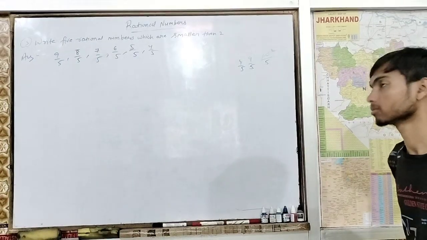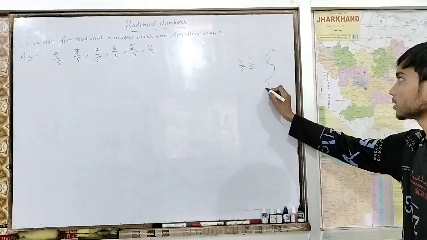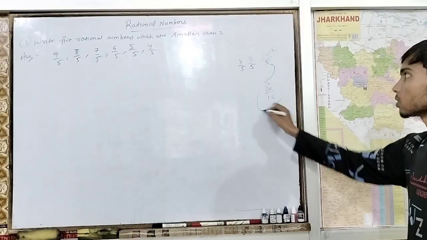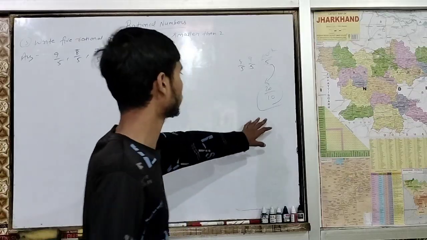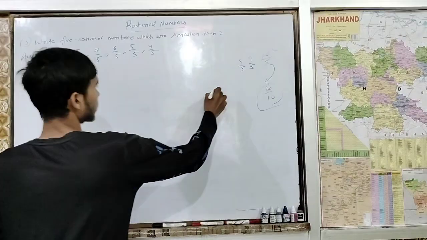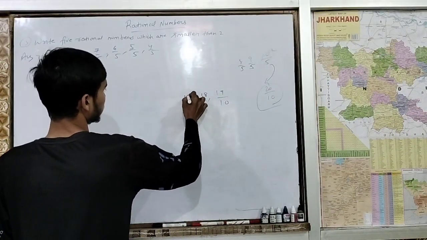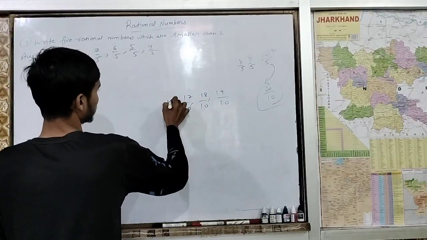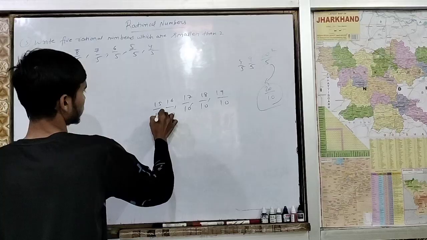It can also be written as 20 upon 10 because it is also giving us 2. And less than this would be 19 upon 10, then 18 upon 10, 17 upon 10, 16 upon 10, and then one more, 15 upon 10.